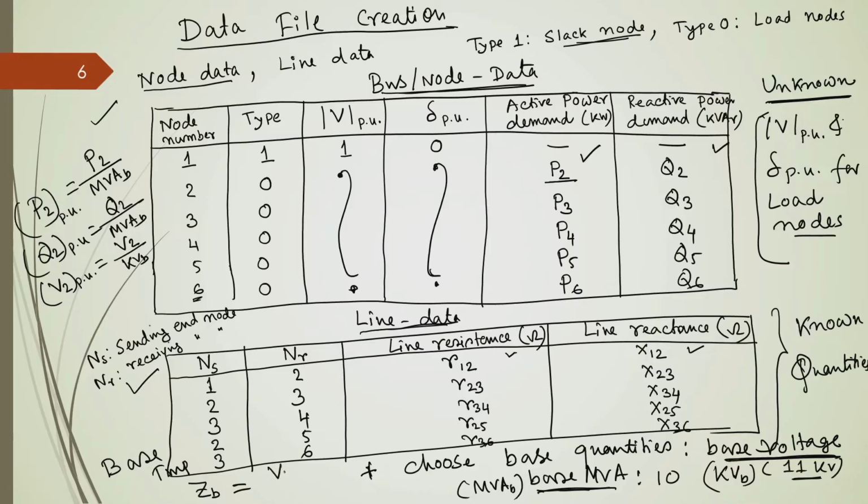ZB, you know, is VB divided by IB, base voltage divided by base current. If you multiply the numerator and denominator with VB, what we will get? VB square divided by VB IB. So, basically Z base, or base impedance, is the ratio of base voltage square to the volt ampere base.